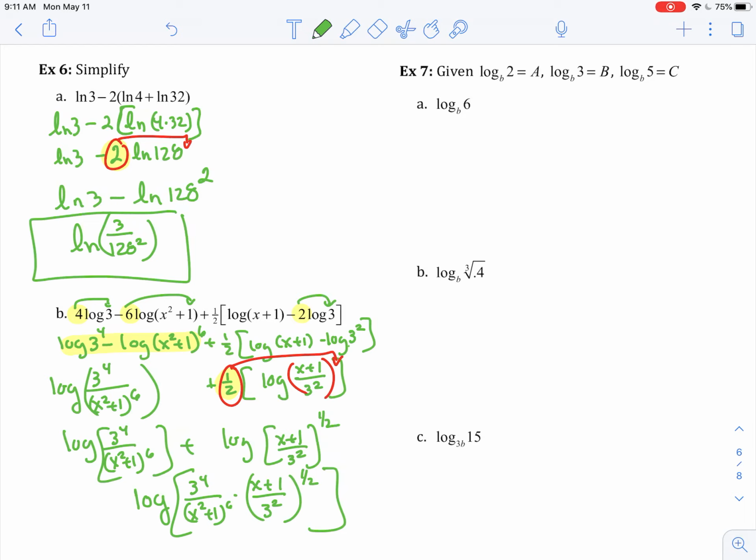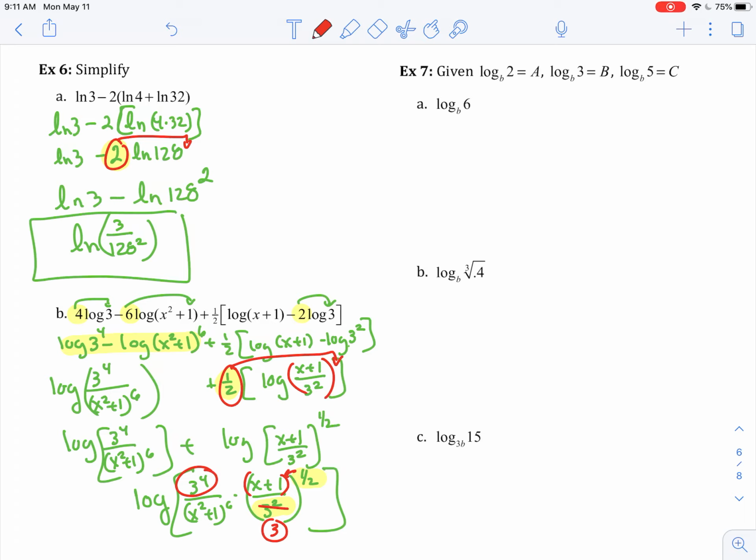And we know that here, the square root of the 3 squared, you could reduce that down to just a 3. So this part would reduce just to a 3. We would still have the x plus 1 to the 1/2, and then this 3 and our 3 to the 4th can reduce.